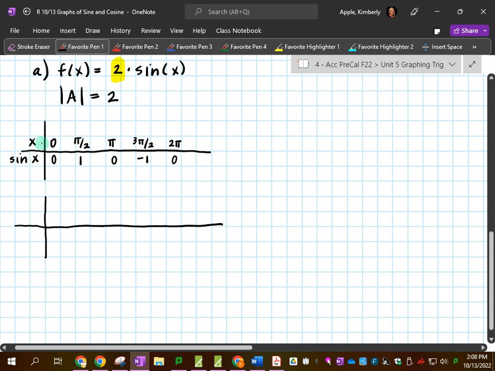So this is the basic sine graph. But now I've done something to it. I actually have 2 times sine x. So I'm going to multiply all of these values by 2. 0 times 2 is 0. 1 times 2 is 2. 0 times 2 is 0. -1 times 2 is -2, and then 0.